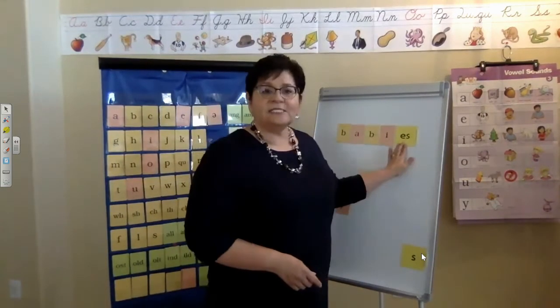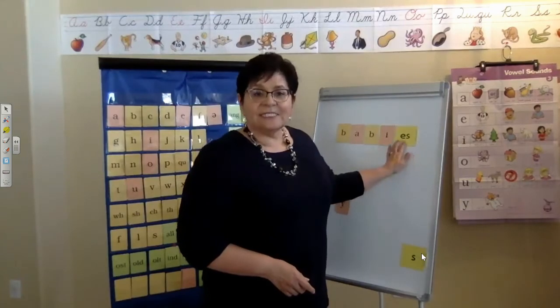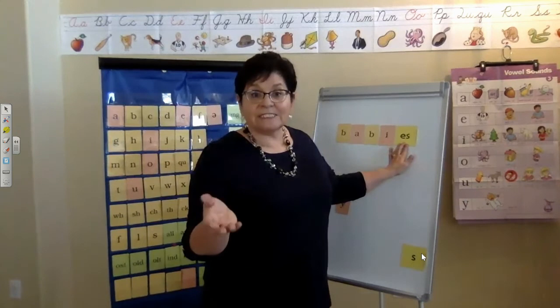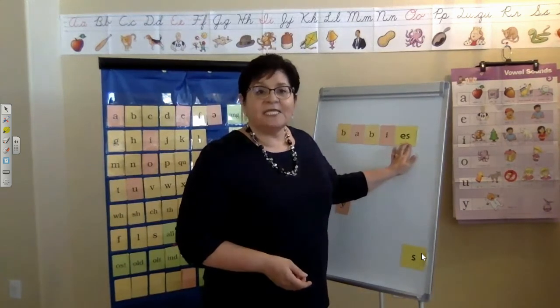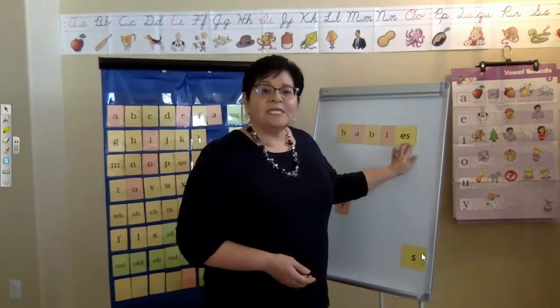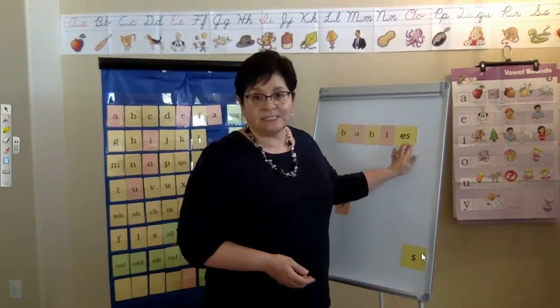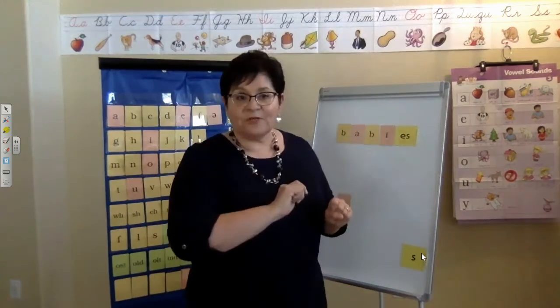Now look at the ES in this word. It says Z. Say babies. Z. It does not say "is" like it normally does. So when ES makes a word ending in Y plural, it says Z. So here's a tip for you.